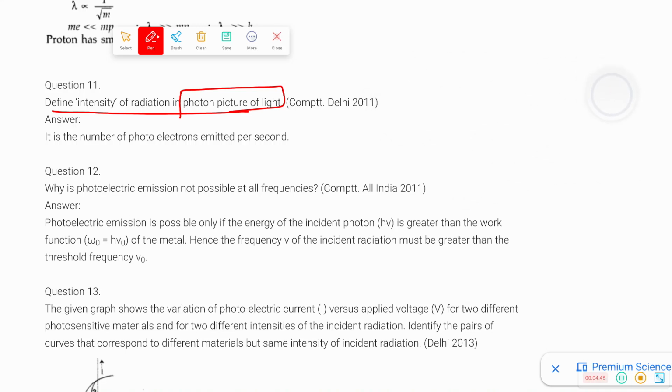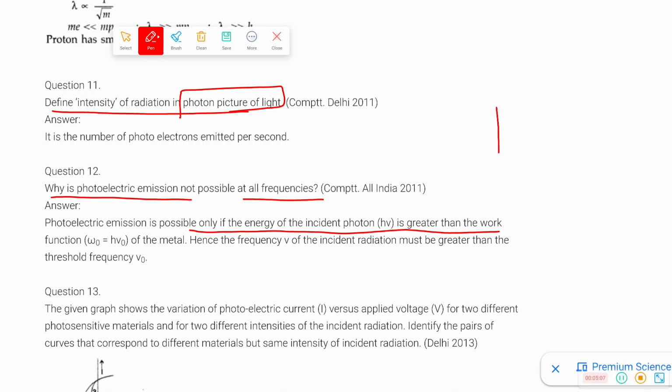Okay. Now next, come. Why is photoelectric emission not possible at all frequencies? This type of question is coming. Photoelectric emission is possible only if the energy of the incident photon is greater than the work function.